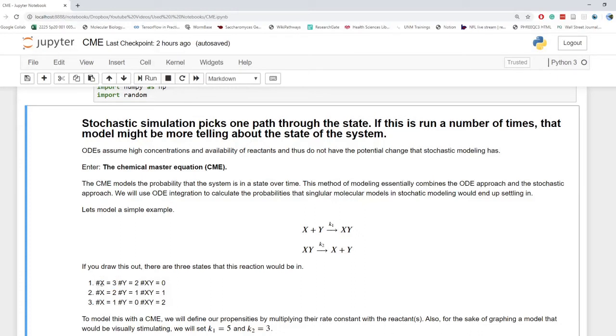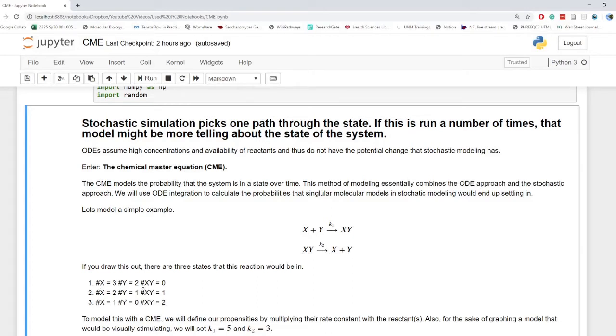The first one would be our initial state, the count of X and the count of Y being 3 and 2 respectively, while XY is 0. Then if we conduct one association reaction, that will change to that. And then if we conduct another association reaction from state 2, we would get 2 XY's.